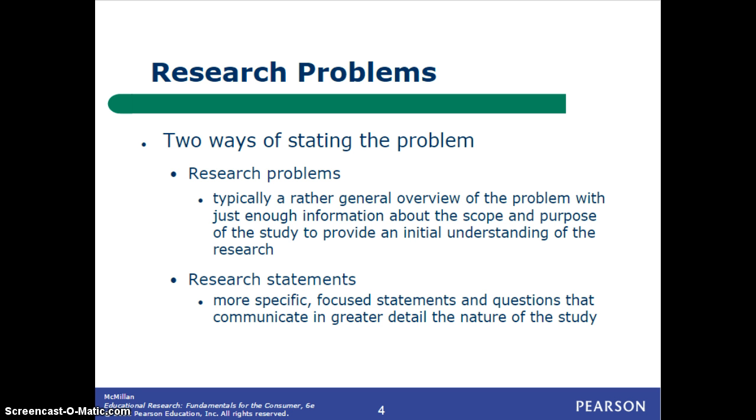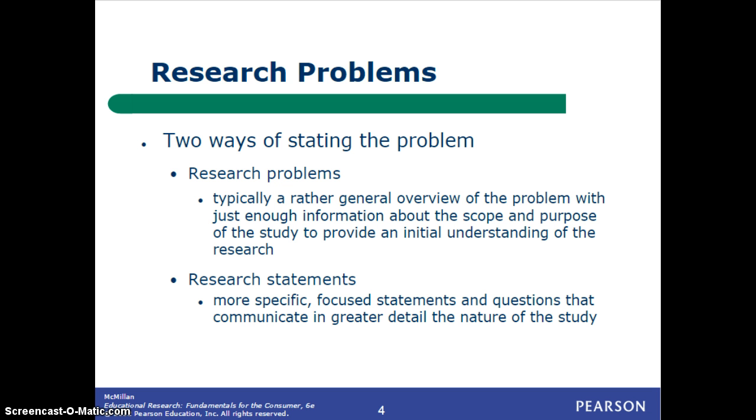There are two ways for stating a research problem. One is by addressing the problem itself. So we might talk about how there's a problem in an educational setting, let's say bullying, and we'll put it out there very broadly. But there are also then more specific research statements where we might say that we have a specific issue with bullying, let's say in a sixth grade classroom setting.